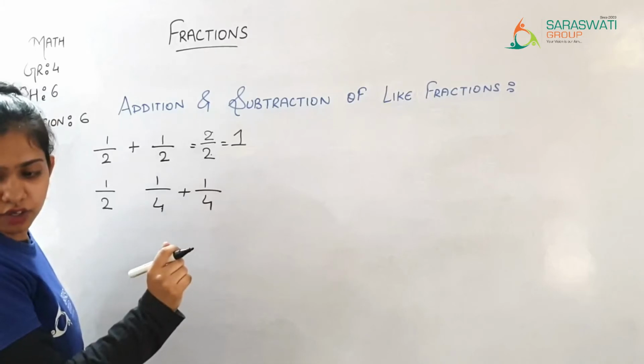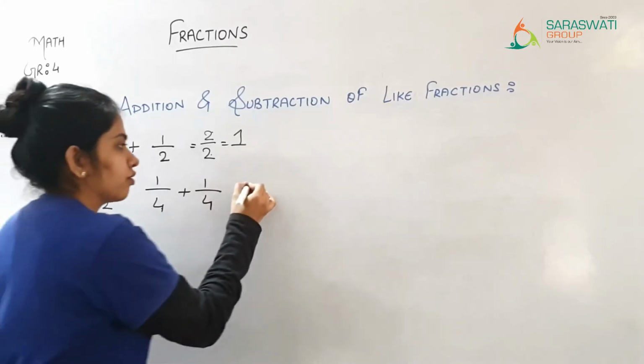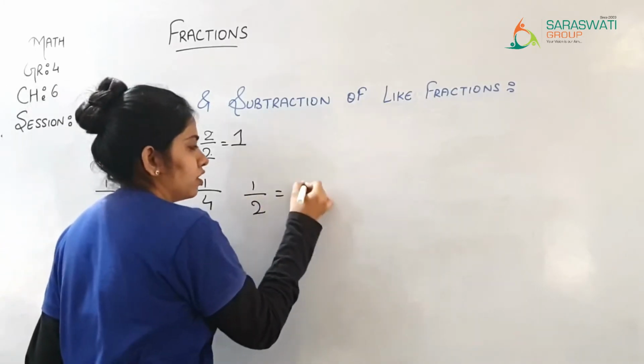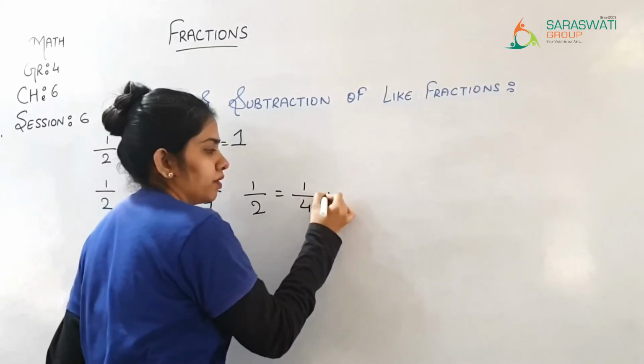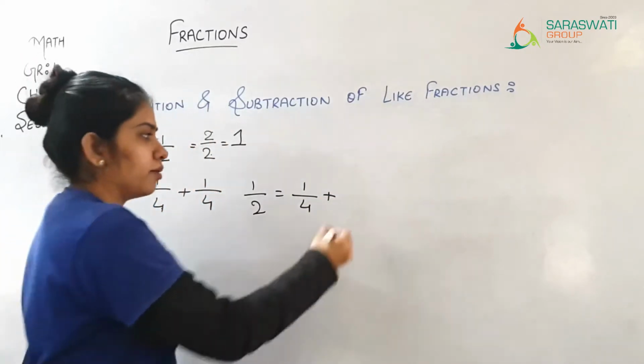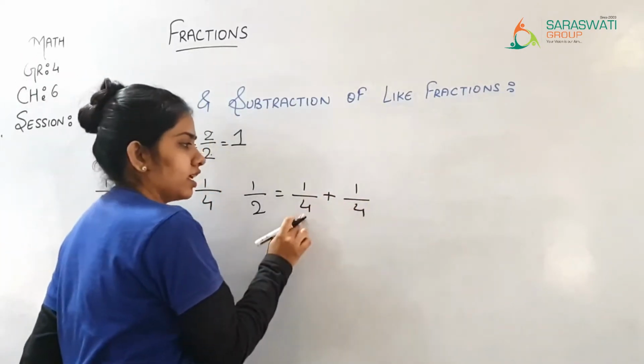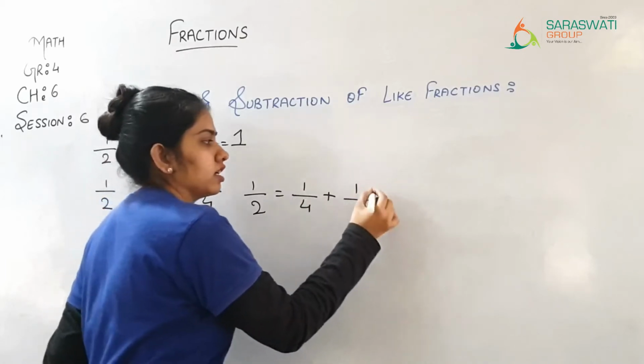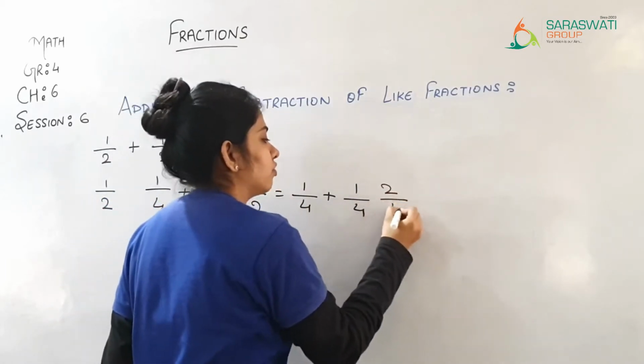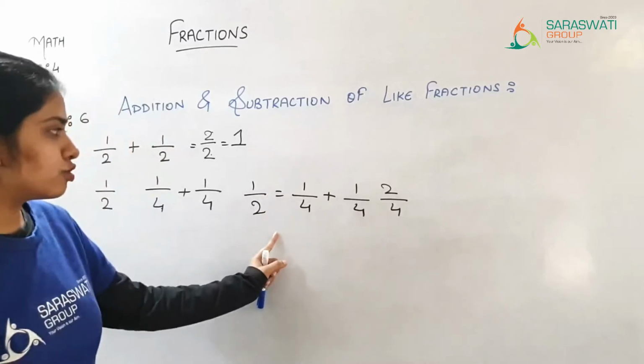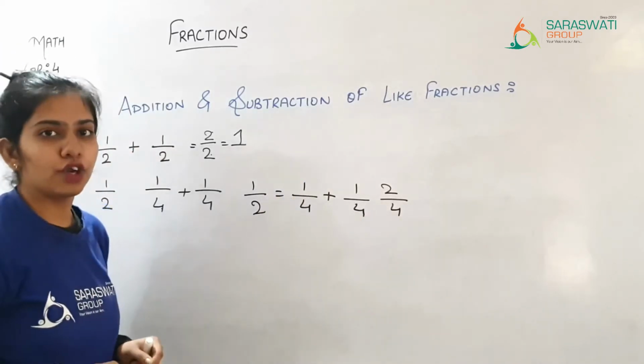So now what we are going to see, 1/2 is equal to 1/4 plus 1/4. तो ये कितने हो जाएंगे? 1 plus 1, 2, 2/4. So 1/2 is equal to 2/4.